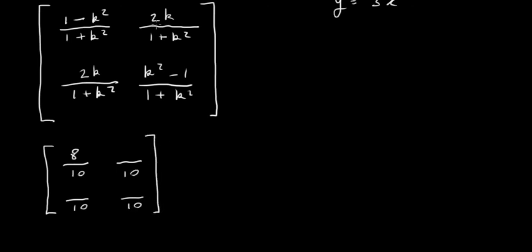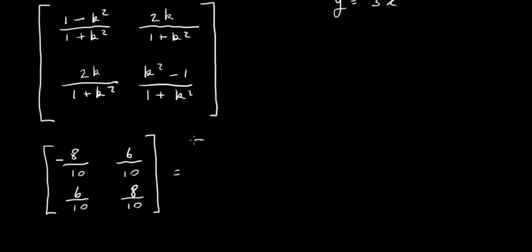Okay, so over here we've got 2 times k, so 2 times 3, which is 6. Here we've got 6 as well, and here we've got k squared minus 1, so 3 squared is 9, minus 1, 8. Actually up here I should have said this is 1 minus 3 squared, 1 minus 9, which is minus 8. This is actually a minus here.